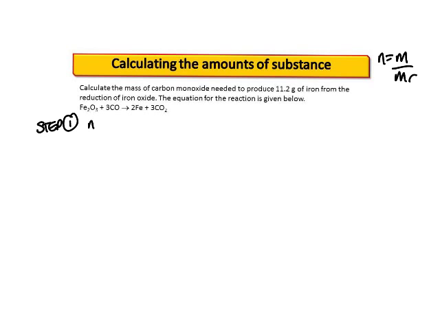We can use our equation, number of moles equals M over Mr. Input M with the 11.2 grams, and Mr is just going to be our relative atomic mass for iron, which on the periodic table is 55.8 grams per mole. If you do that calculation, you end up with 0.2007 moles.